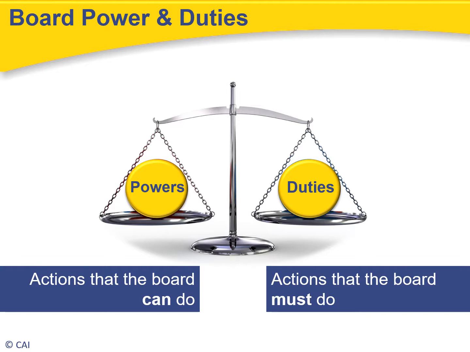Powers are defined as actions that the board can do. Duties are actions that the board must do. For example, the bylaws might state that the board has the power to suspend a homeowner's right to vote or suspend association services for failing to pay their assessment. Board members need to be clear on what their powers are so they can appropriately troubleshoot a situation and not overstep their authority.